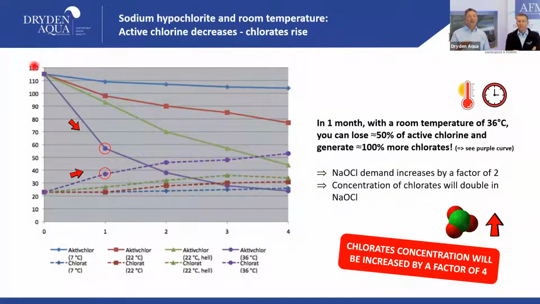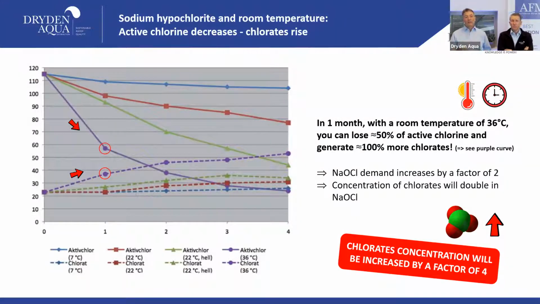If you store it at 36 degrees, it loses more than 50% of the concentration in one month. That means if you dose at that point, you will have to dose double the amount than if you use a very fresh one.